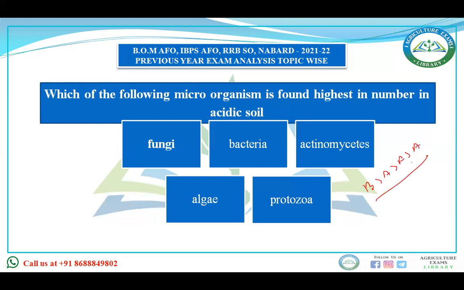But when you talk about acidic soil, fungi are in the highest population, followed by bacteria and algae. When you talk of alkali soil, actinomycetes are in the highest number. But since acidic soil is asked, our answer will be fungi.